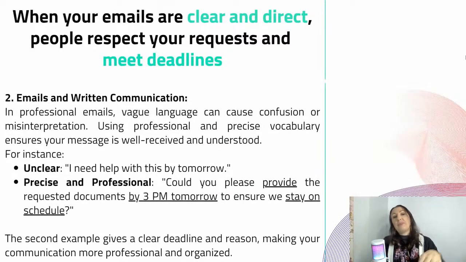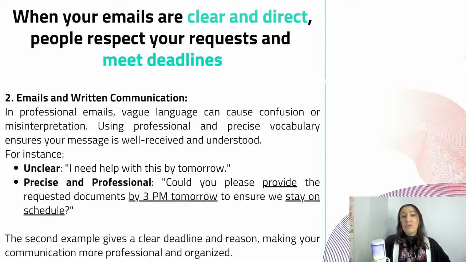Then, for example, if you're writing an email, any written communication, and you say, I need help with this by tomorrow, it's not very clear when that needs to be done. By tomorrow means tomorrow or the hours before it turns tomorrow.